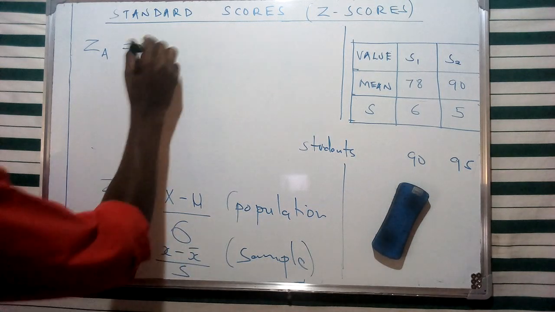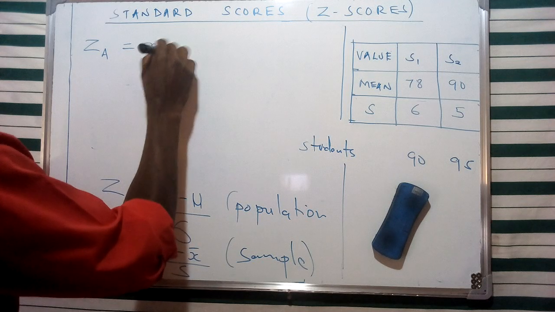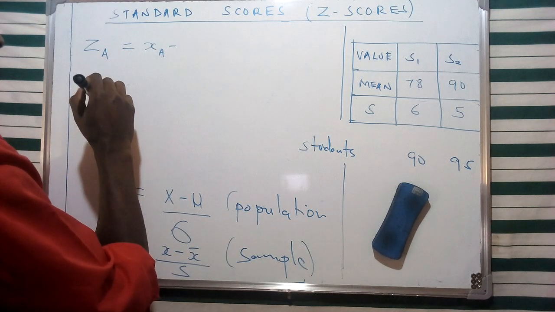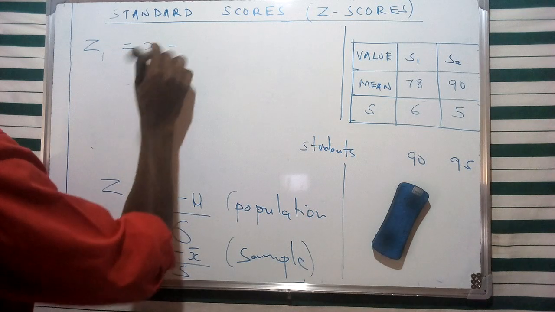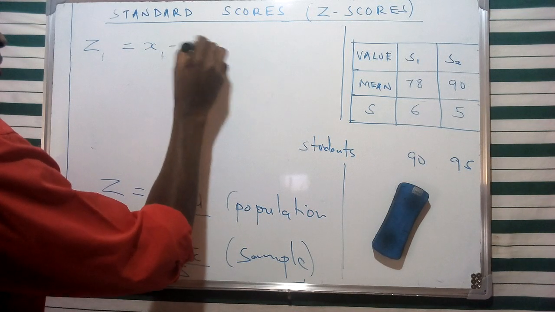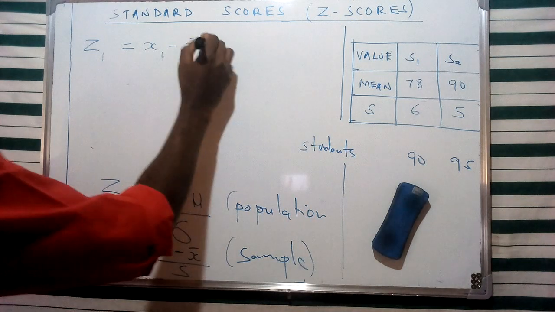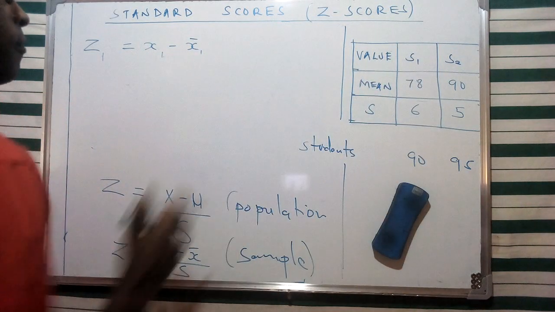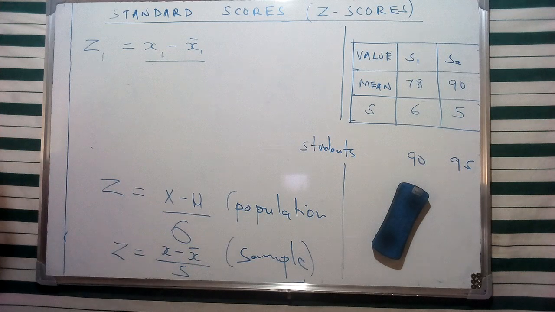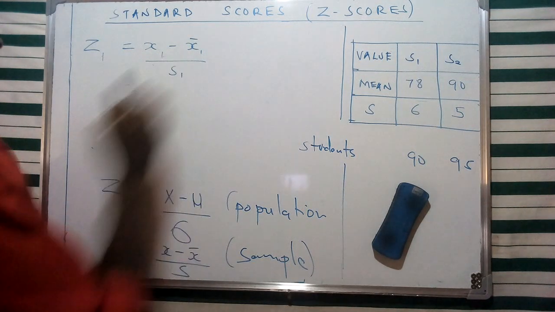given as the mean or the specific value of that specific score for the first student from the stream 1. So perhaps I can give it in terms of 1 so that we can differentiate between the various components that we have used. So that's going to be the mean for 1, and the subscript that I'm using for 1 basically represents this specific score divided by the standard deviation that we're going to use for S1.